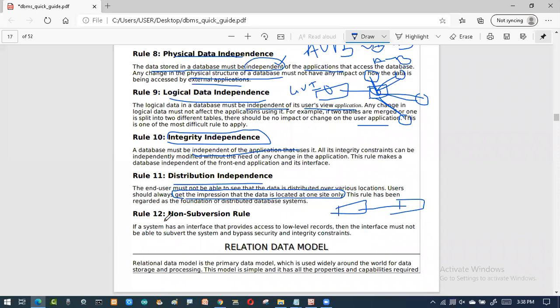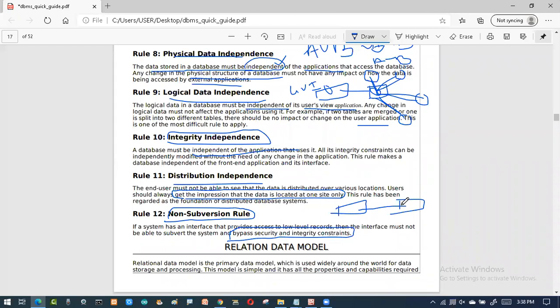Then the last rule is the non-subversion rule. Whenever I'm using the interface, whatever data I'm trying to use should not bypass the security. This is very important. Here I'm ordering the food and the server is getting it from the kitchen.